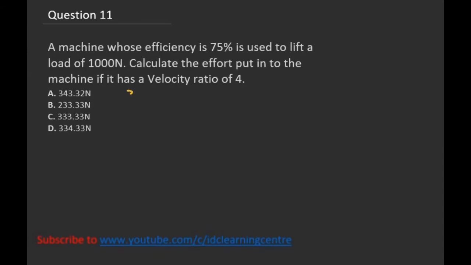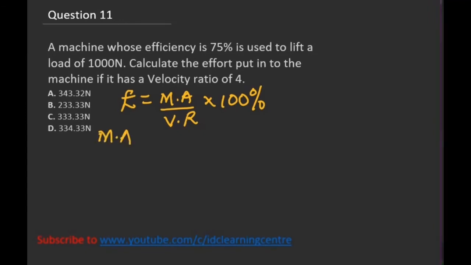Efficiency of a machine, E, equals mechanical advantage divided by velocity ratio, times 100%. That's the formula you need to know. I want you to also know that mechanical advantage equals load over effort. Now, efficiency in this case, since mechanical advantage is load over effort, replace the mechanical advantage with the load divided by effort.